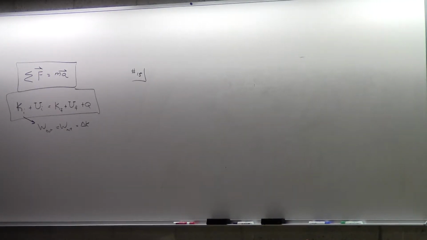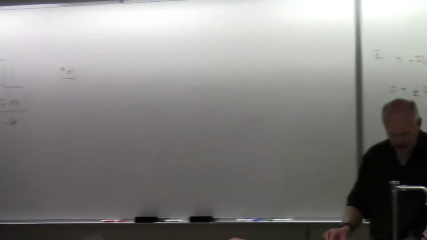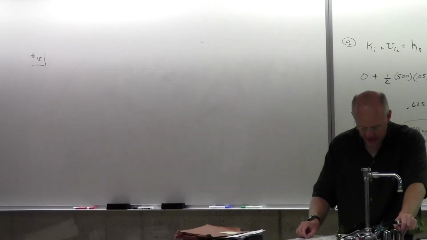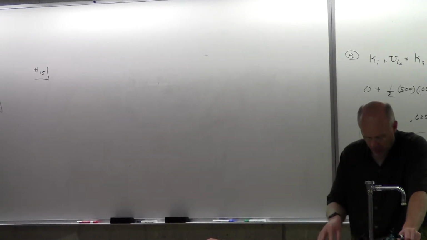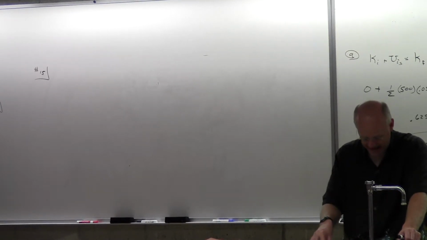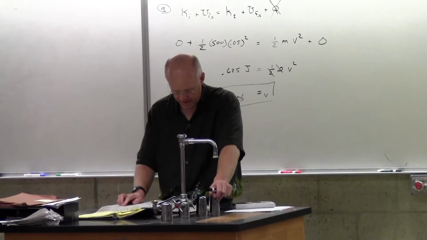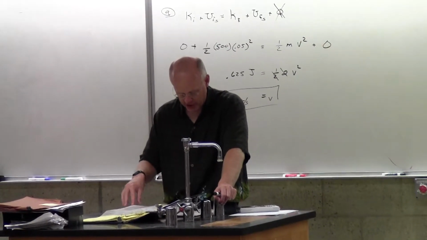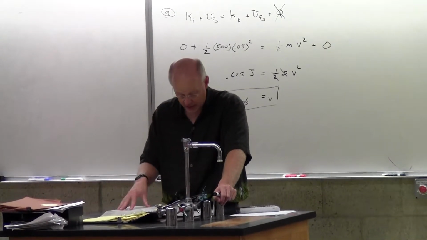If you got your book, I'll draw a picture here, but it says a crate of mass 10 kilograms is being pulled up a rough incline with an initial speed of 1.5 meters per second. The pulling force is 100 newtons and it is parallel to the incline, which makes an angle of 20 degrees with the horizontal. The coefficient of kinetic friction is 0.4 and the crate is pulled up for 5 meters.